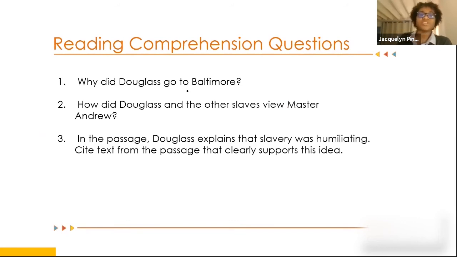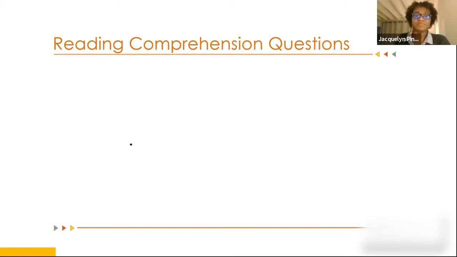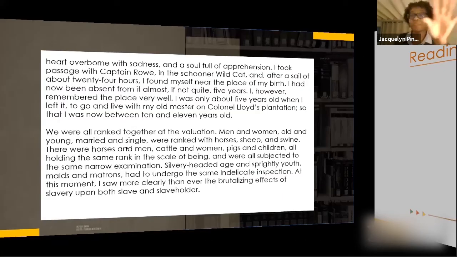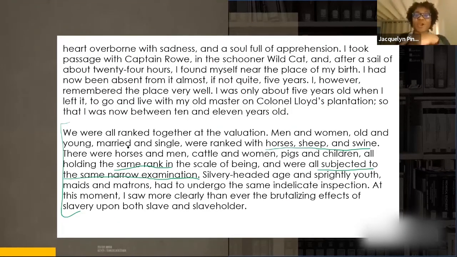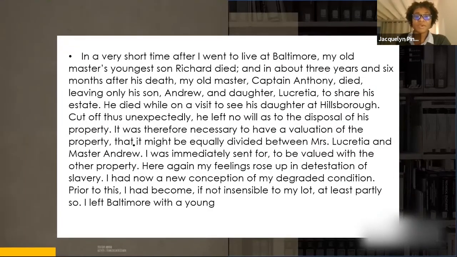In the passage, Douglas explains that slavery was humiliating. Cite text from the passage that clearly supports this idea, right? And we just saw it, we just pointed out those things in the paragraphs. We can go back to that again. Sorry if that's making you all dizzy as I go back and forth, right? What I just marked there. Okay.